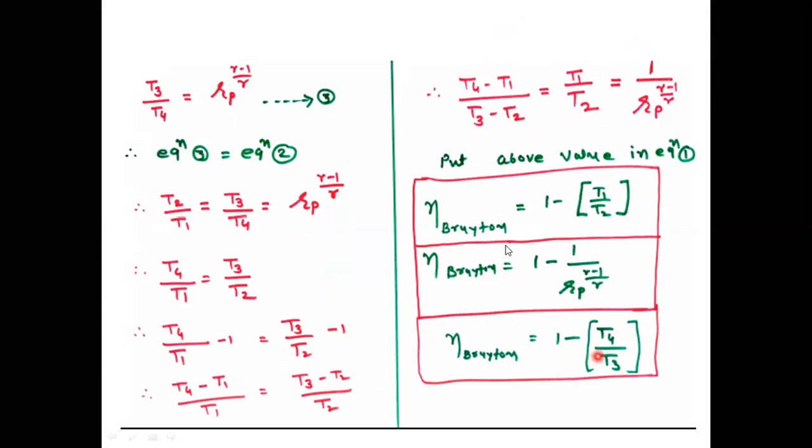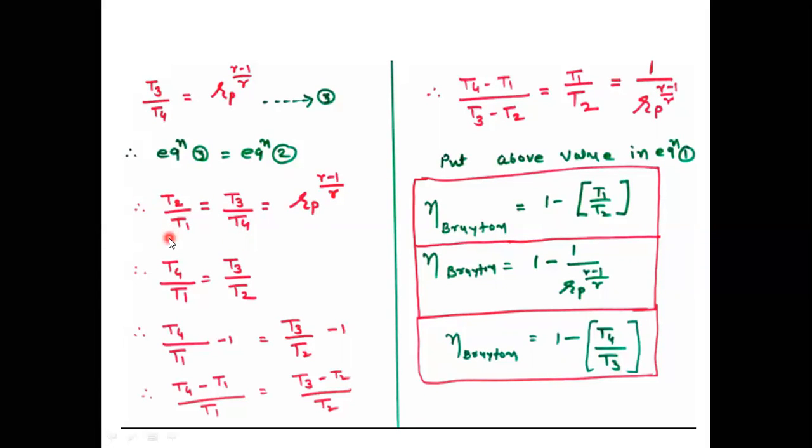And the third equation, 1 minus T4 by T3. Where does it come from? See here, T2 divided by T1 is equal to T3 divided by T4. Take the reciprocal on both sides. So I can write T1 divided by T2 is equal to T4 divided by T3.